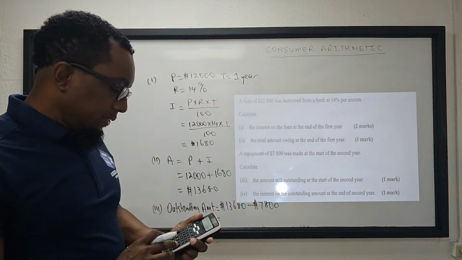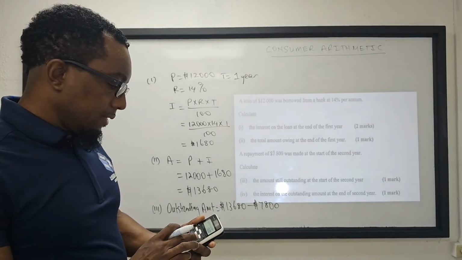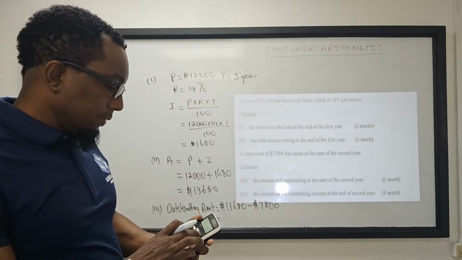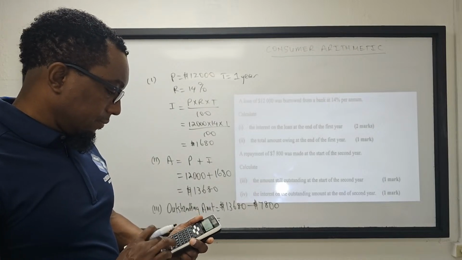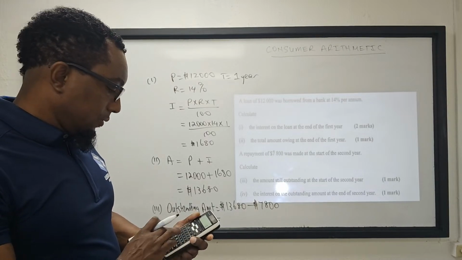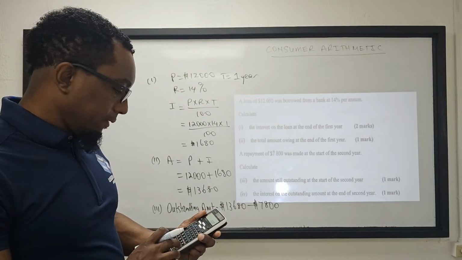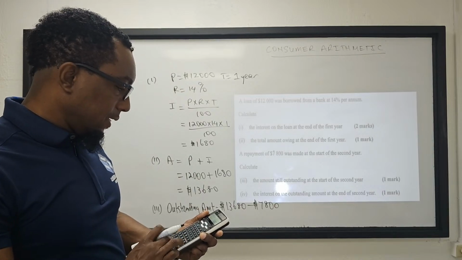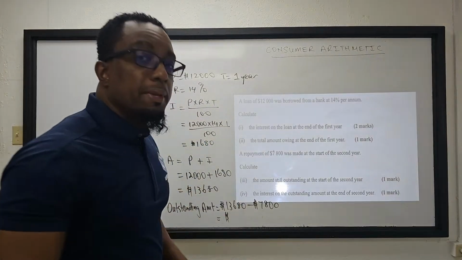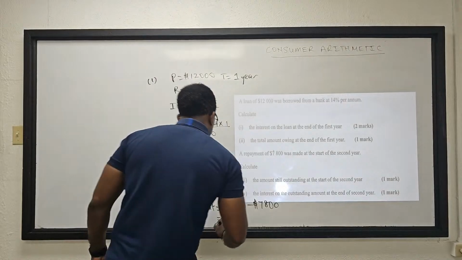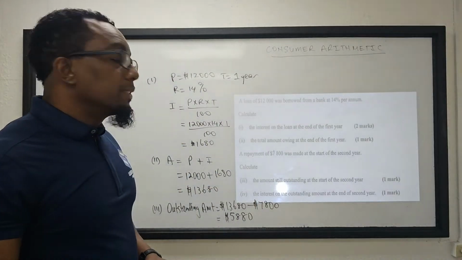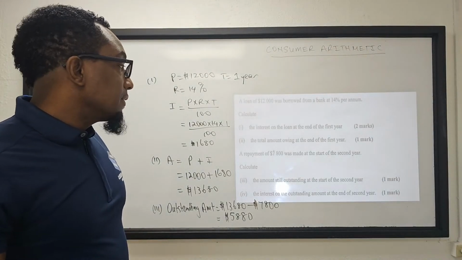So 13,680 subtract 7,800. Right, so the amount outstanding would be $5,880. That's the amount still outstanding at the start of the second year.